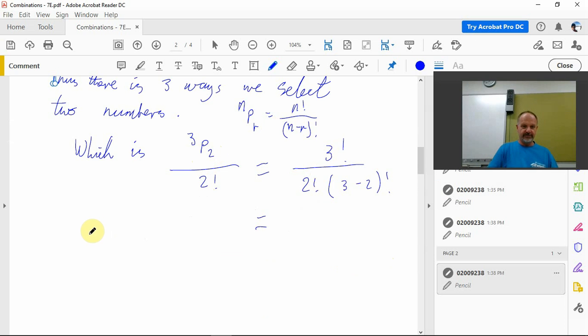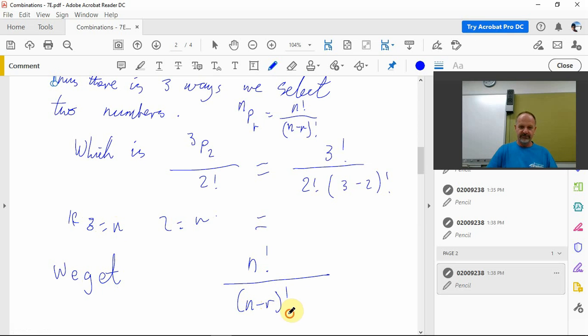So if 3 equals n and 2 equals r, we get n factorial over n minus r factorial times r factorial.